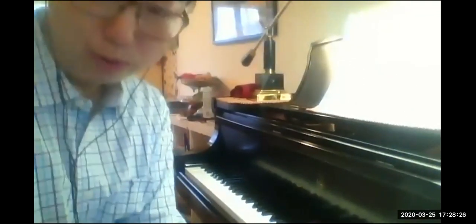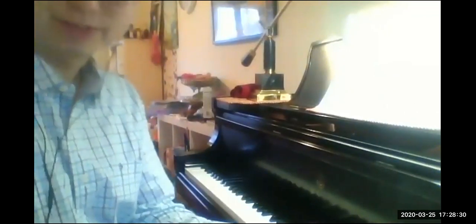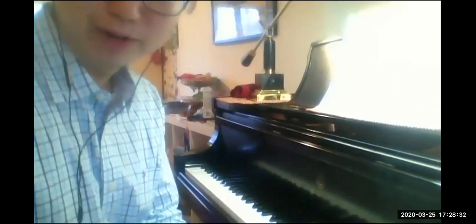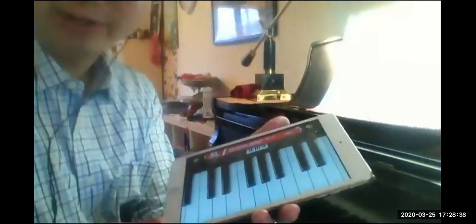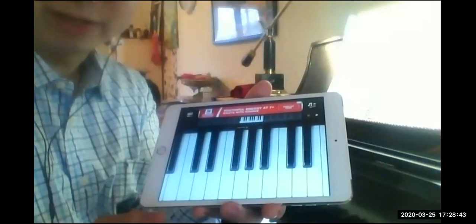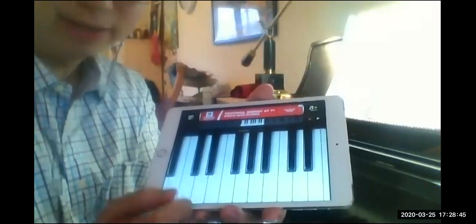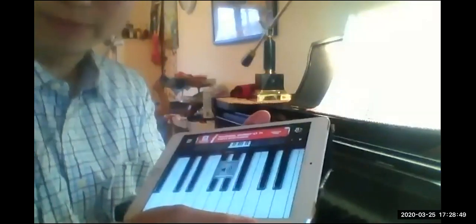And for those who do not have access to a piano at the school, you may download apps. For example, I downloaded the piano application that has the best rating, and it's quite helpful.